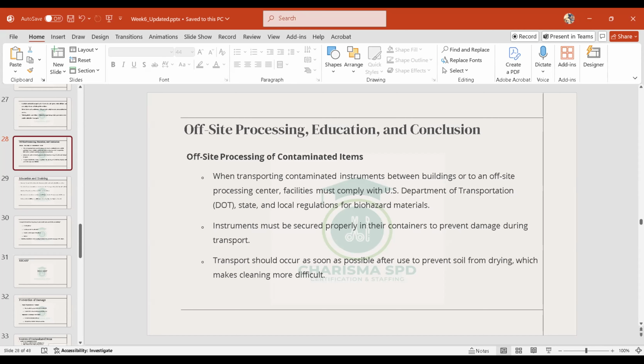It must meet the Department of Transportation requirements for a van to transport what? Instruments. And these instruments, again, must be in closed carts. They must be secured in the carts, and then the carts are secured in the van. So everything is secure because of what? Safety. So trays are secured in the cart, and the cart is secured in the van.